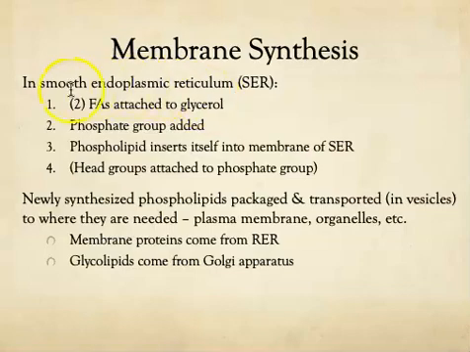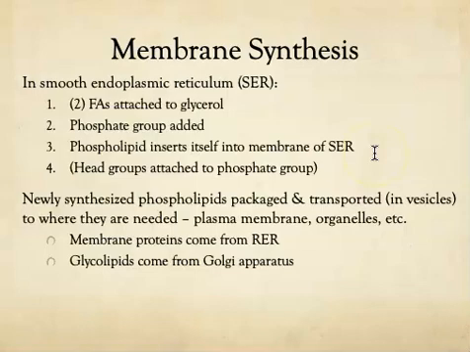In the second step, the phosphate group is added to the glycerol. Now, that seems like we're done. We're done assembling the phospholipid. But interestingly, the next thing that happens is that newly made phospholipid inserts itself into the membrane of the SER.